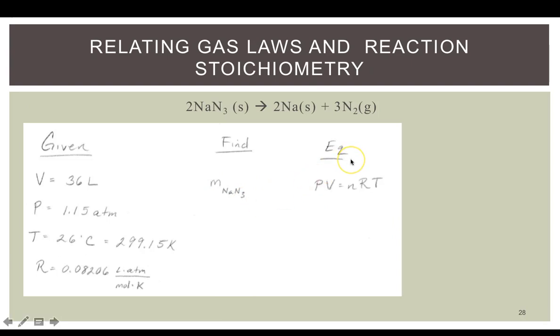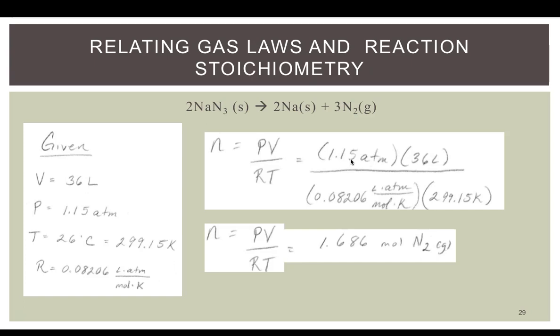We could list a couple of equations, but let's keep it simple. What equation might we use? Let's try the ideal gas law, PV equals nRT. Let's think about this. Everything that was physically being described in the airbag was describing the nitrogen. So we're describing this part right here.